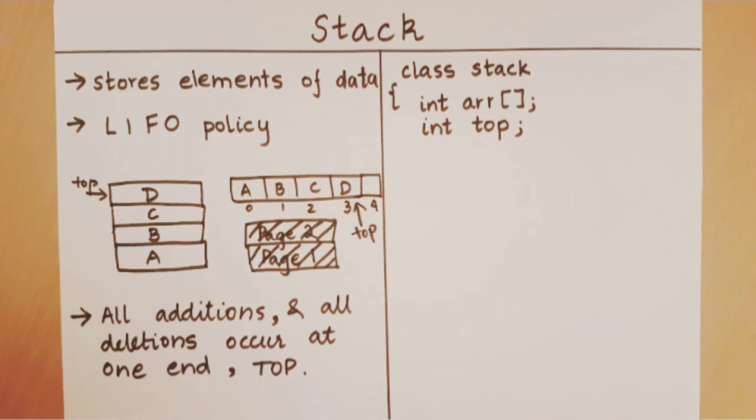Now the stack has different properties. The stack has a defined length, which is the length of the array used. We could keep that as one of our data members. This is not particularly necessary, but it is good to keep track of the length of the array.